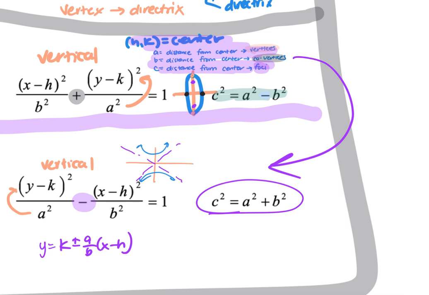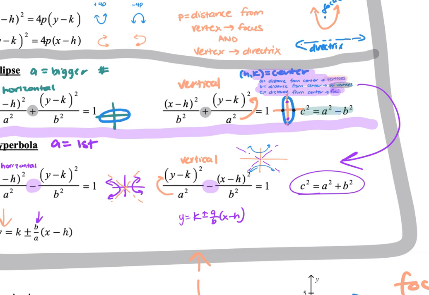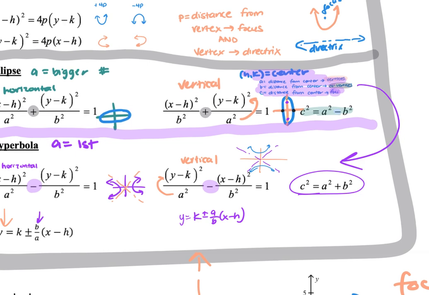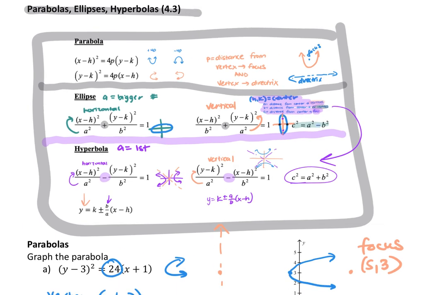C is the distance from the center to the foci. Questions on that one?